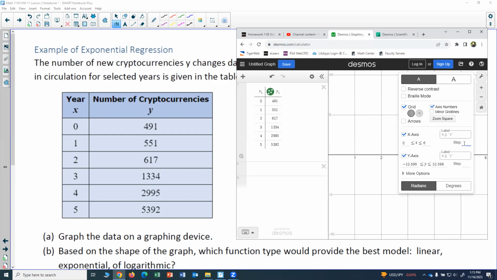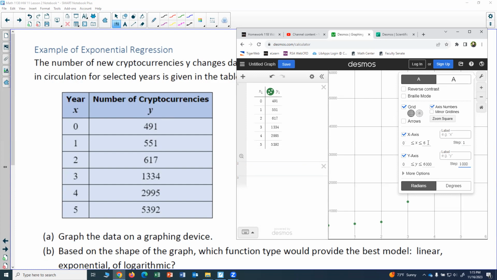And I'll go ahead and do a step of 1. Now my lowest Y value is 491, and my highest Y value is 5,392. So I might do something like 0 to 6,000 with a step of 1,000.